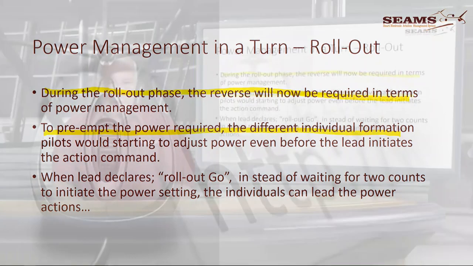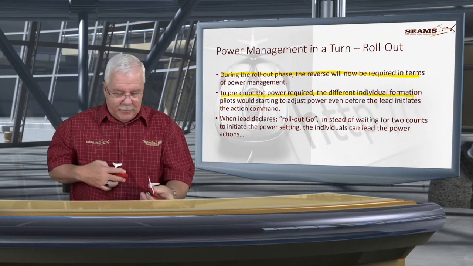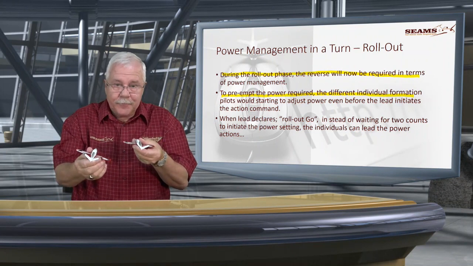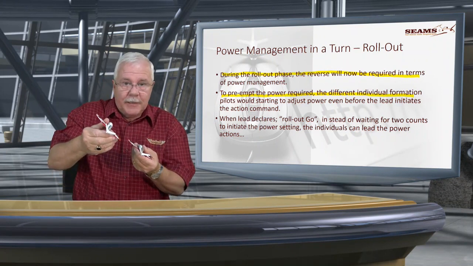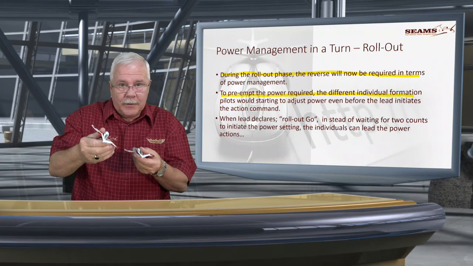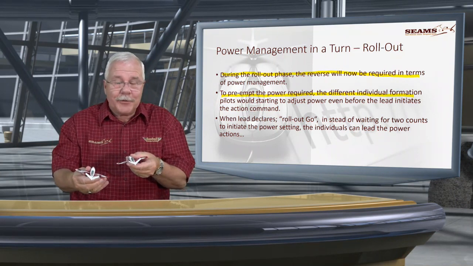In other words, the leader will set, here we're sitting, this is lead, this is number 2. We're sitting in the turn, and lead says, cheetah formation, roll out, go, 2, 3, and it will change. And this one will descend. Okay, and now there's no more increased radius.